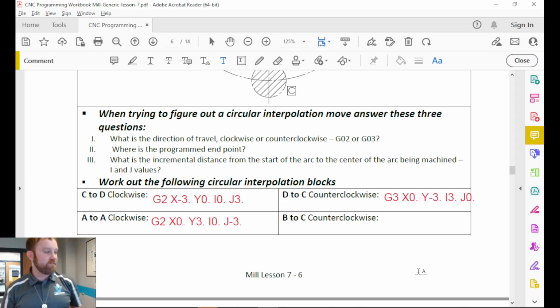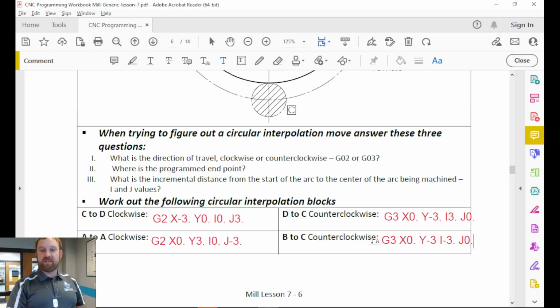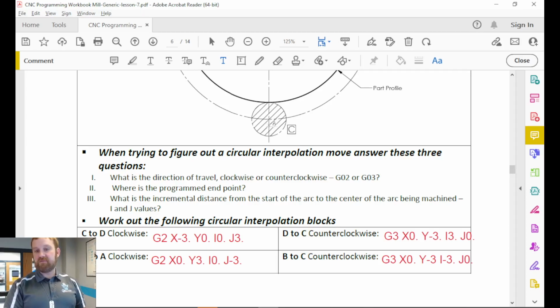All right, Faith, let me have the last one there. G3, G3 counterclockwise, X0, Y negative 3, I negative 3, J0. So the X and Y endpoint C is X0, Y negative 3.